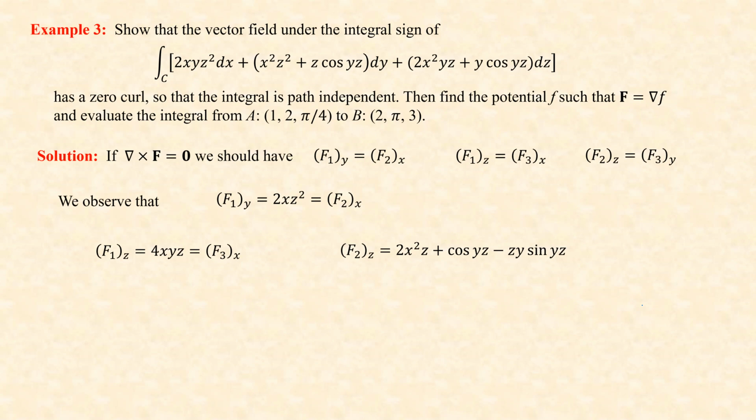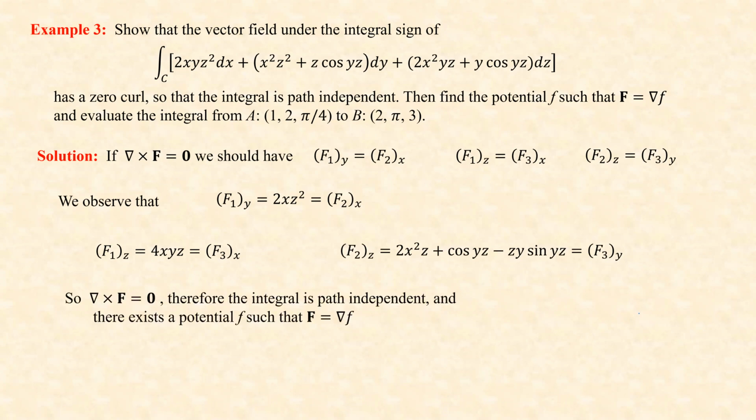So it becomes 2x squared z and the derivative of y cosine yz in terms of y becomes cosine of yz minus zy sine yz. So this is also the same. So we see that these three conditions are met, meaning all the components of the curl are 0. So the curl of F is 0, therefore the integral is path independent, and there exists a potential function f such that F is equal to the gradient of f.